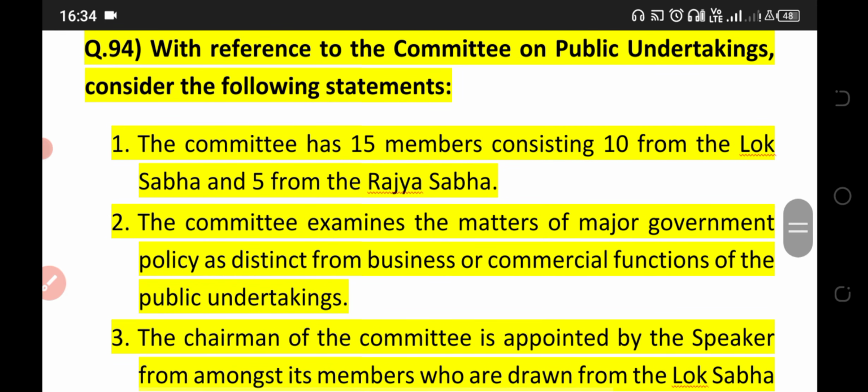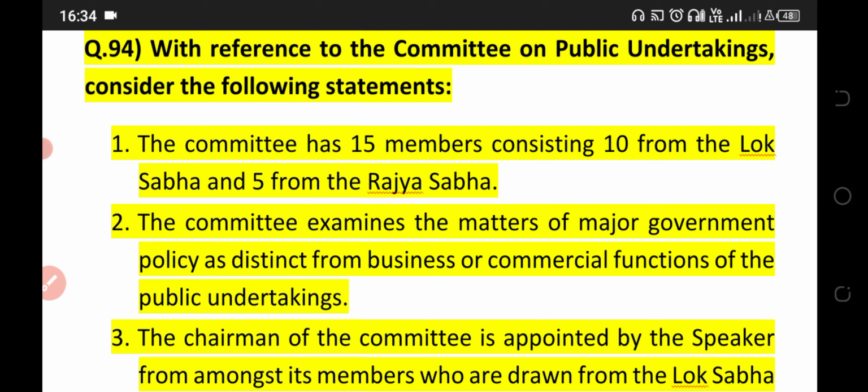With the reference to the Committee on Public Undertakings, consider the following. The committee has 15 members, consisting of 10 from the Lok Sabha and 5 from the Rajya Sabha.